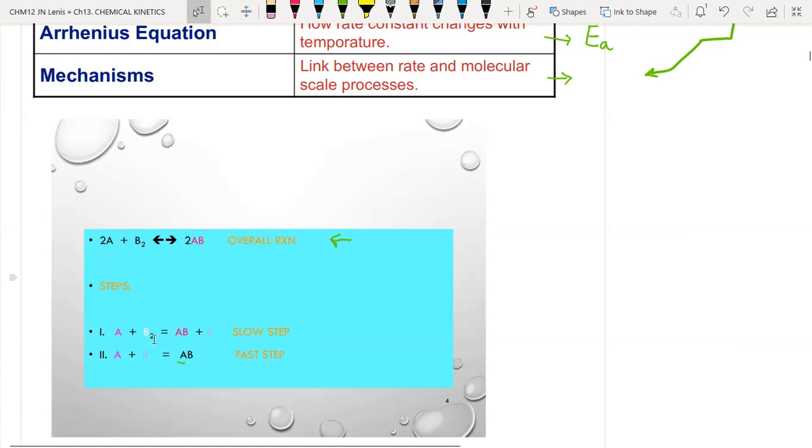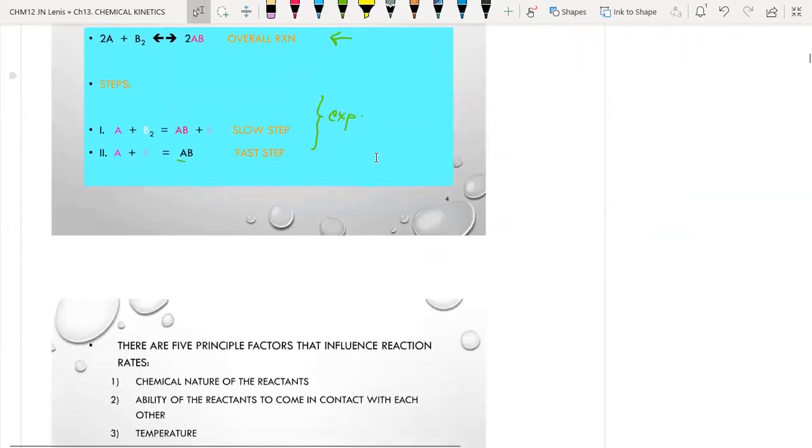So you see, we're breaking it down into steps, and that is what we call a reaction mechanism. And this can be found only through experiment, and this experimental result or proposal must match the rate law for that reaction. I'll show you later how to do that.